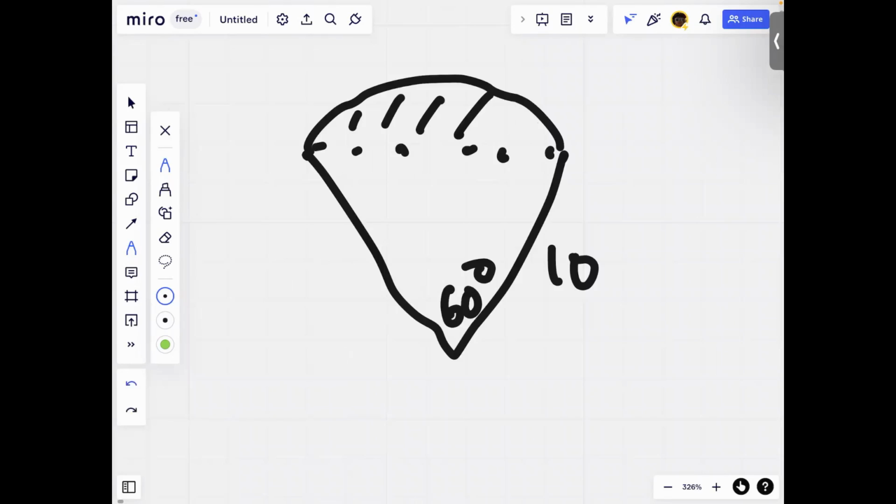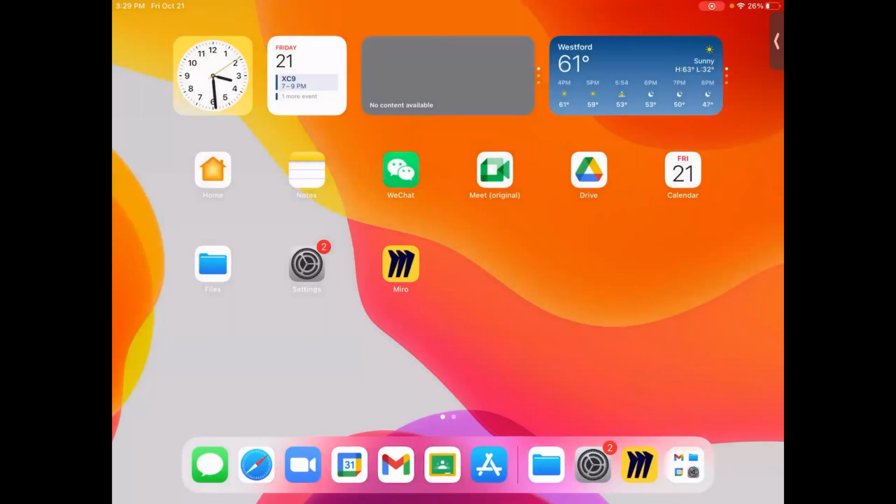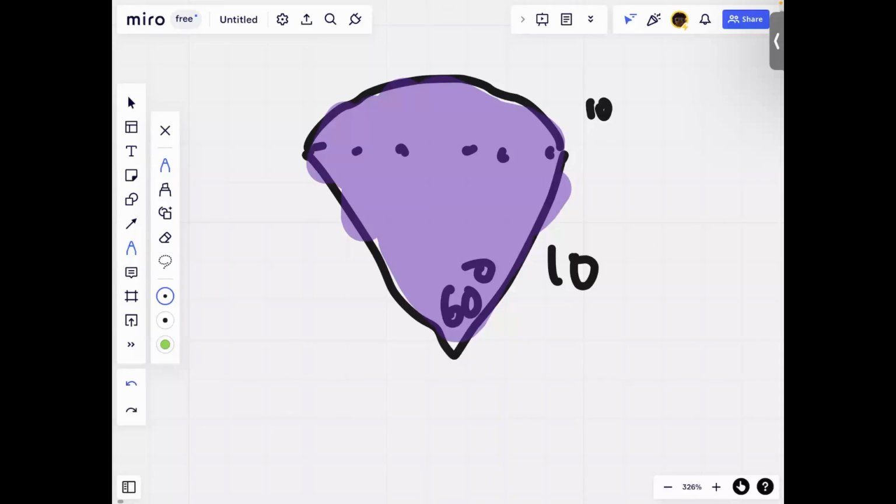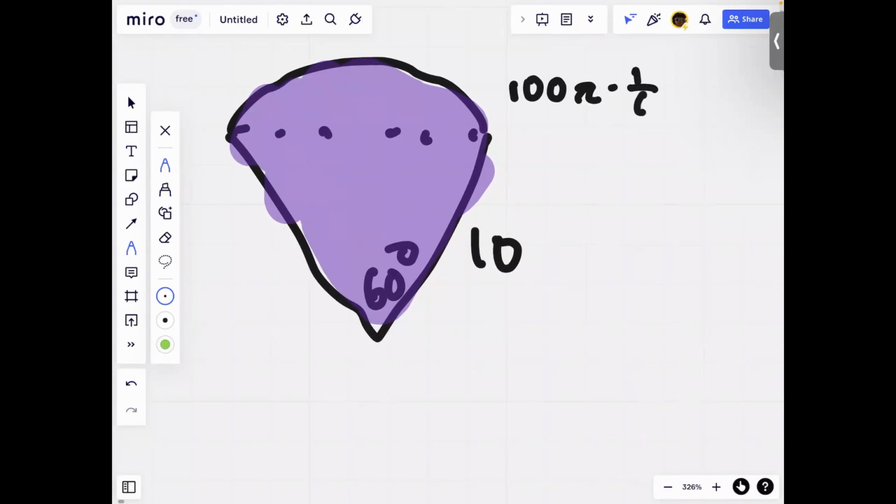So the area of the purple part would just be equal to 100 pi, which is the total area of a circle of radius 10, times 1/6, since 60 degrees is 1/6 of the total 360 degrees.